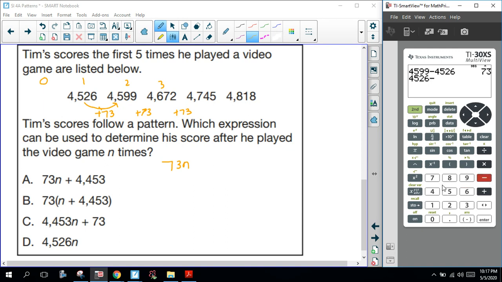We subtract 73 to find out what our intercept is going to be. And we find out that that number is going to be 4453. So looking over your answers right now, we can see pretty quickly and easily when I add the 4453, the answer is going to be A.